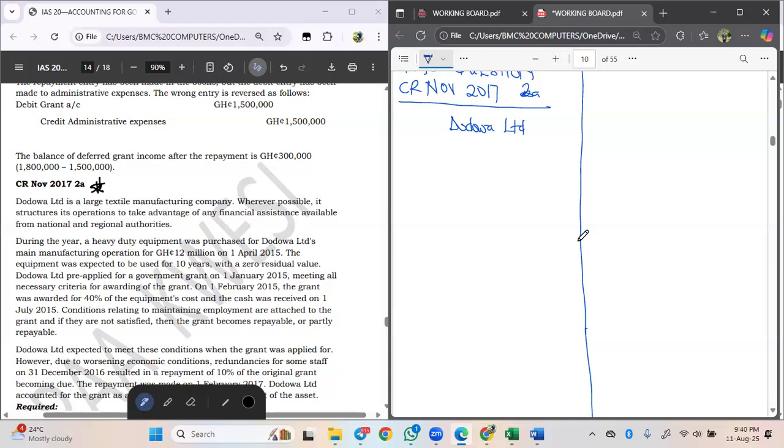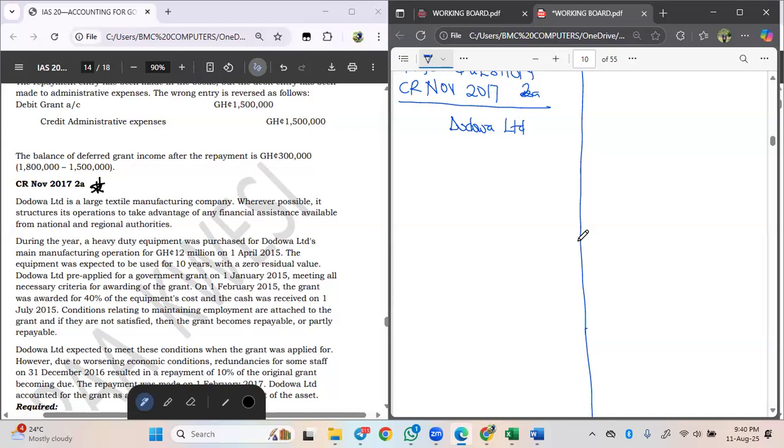Dodowa Limited pre-applied for a government grant on 1st January 2015, meeting all necessary criteria for awarding of the grant. On 1st February 2015, the grant was awarded for 40% of the equipment cost, and the cash was received on 1st July 2015.